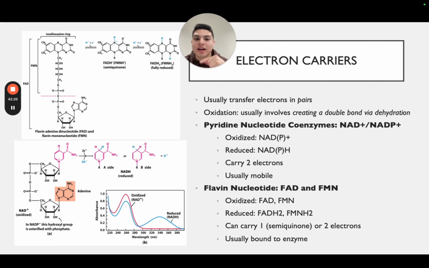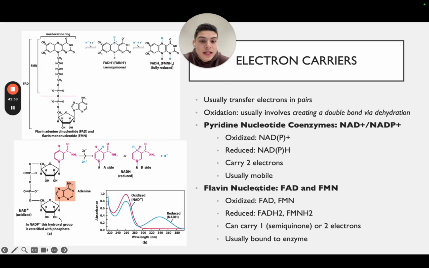When we're oxidizing, we're adding O's, or we're removing those H's. That's something to keep in mind to know quickly what's the reduced form and what's the oxidized form. And for these coenzymes, they usually carry 2 electrons and are mobile, meaning they move around the cell carrying these 2 electrons.